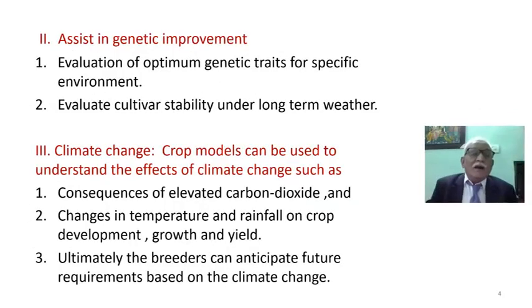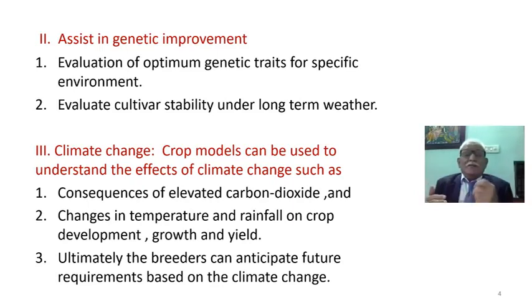Now, how the crop growth simulation models assist in genetic improvement: evaluation of optimum genetic traits for a specific environment. In cold regions, most crops grow in a vertical form. In tropical regions, crops grow in an umbrella shape. So what optimum genetic traits are required, whether short stature, profuse tillering, or fewer leaves?